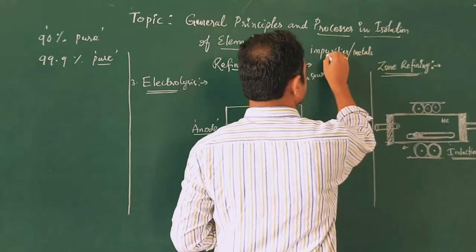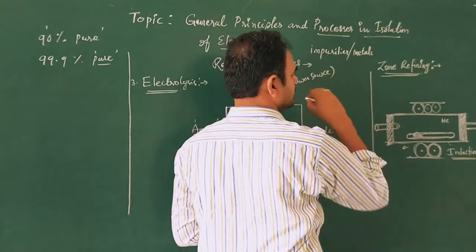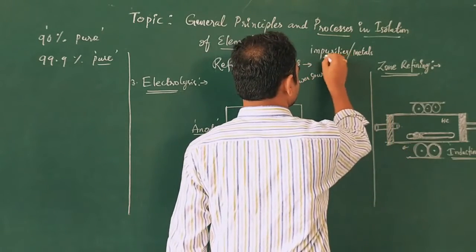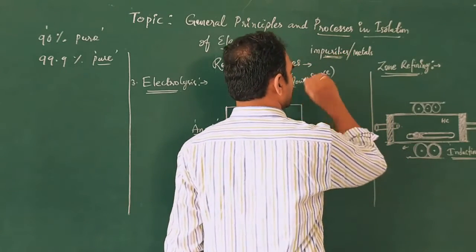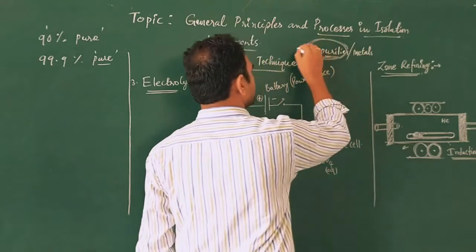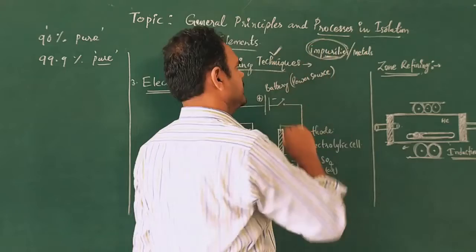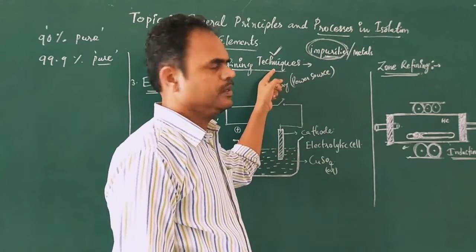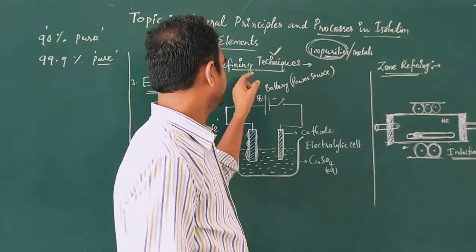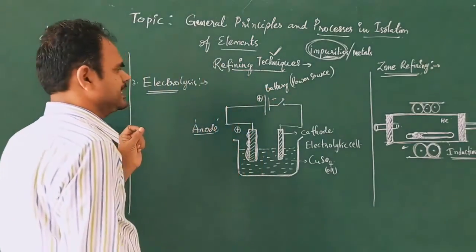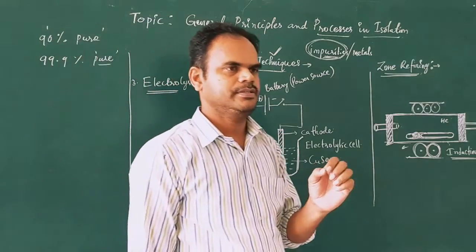These impurities cannot be removed by the reduction process, nor by the concentration methods. They can only be removed by the refining technique process. So the third stage in the metallurgical process is the refining technique stage.